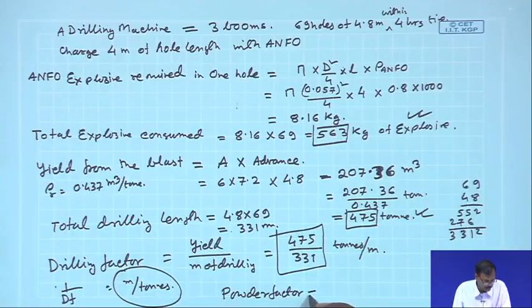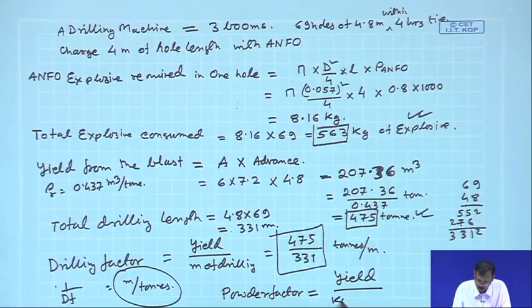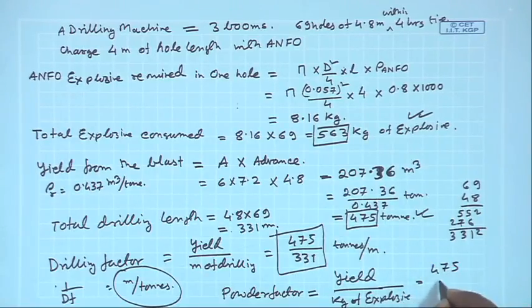Similarly, the powder factor is equal to yield per kgs of explosive, which is equal to 475 divided by 563.